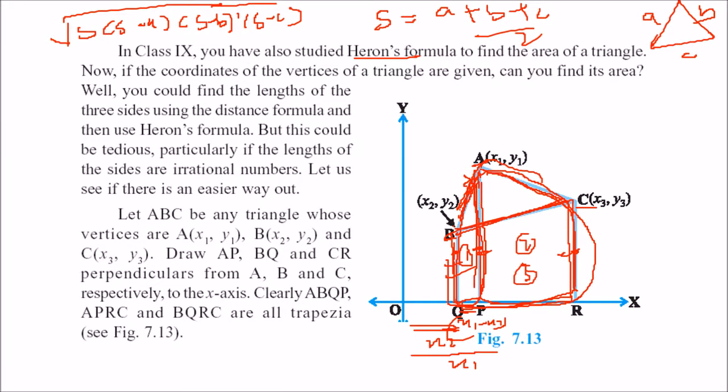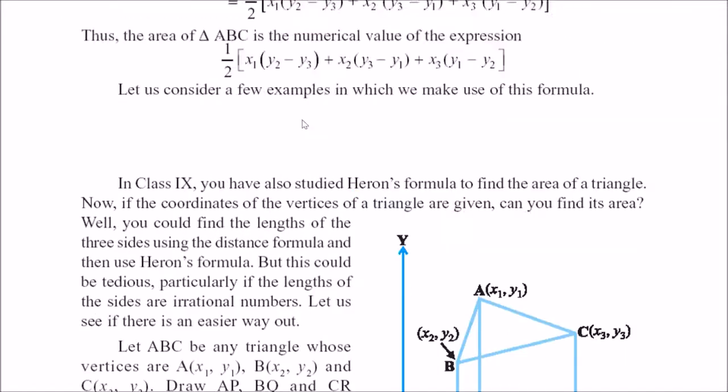Now, if you want to find the area of the trapezium, it will be half into the sum of parallel sides into the distance between the parallel sides. So this is the distance x1 minus x2, and what is the sum of the parallel sides? y2 plus y1. Let us see it formally.